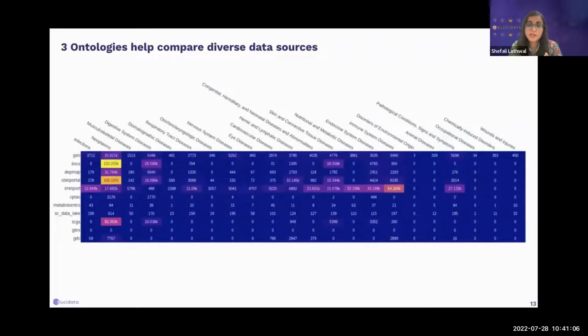If we compare it to something like neoplasm or cancer data, where a lot of public repositories focus on that type of data. So this is something we can only do if we have used the same vocabulary to tag the same concept across different data sources that otherwise may not have a lot in common.